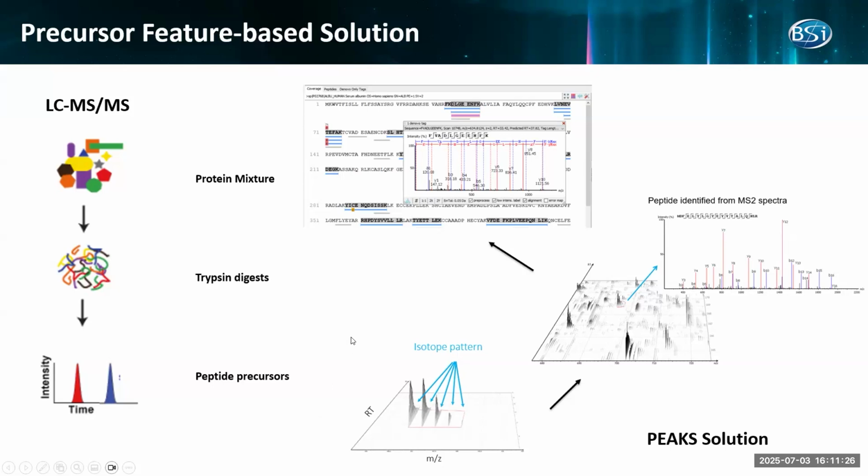Now for PEAKS, when we get those raw data files and set the parameters, we first algorithmically detect the peptide precursors. The first step is to detect those precursor features. From the feature, the instrument will tell us if there is a tandem spectrum targeted to this precursor, and we will associate it.